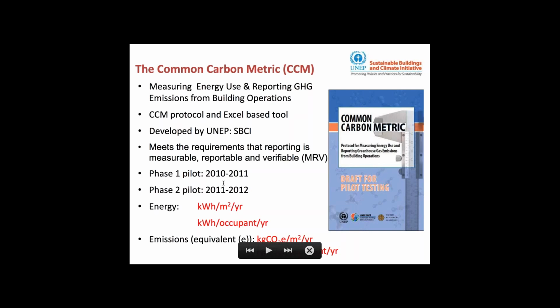And essentially, through a consensus building process, a metric was put forward which enabled consistent reporting on energy intensities, kilowatt hours per square metre per year of operational energy, and also kilowatt hours per occupant per year, and then being able to convert those energy consumption metrics into carbon emission equivalent metrics, kilograms of CO2 equivalent per metre squared per year, and also kilograms CO2 per occupant per year.